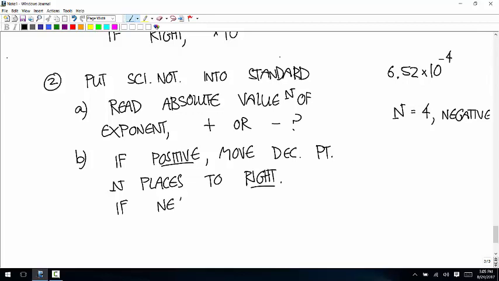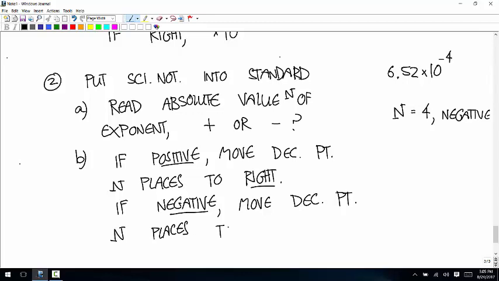And if it's negative, move the decimal point n places to the left.